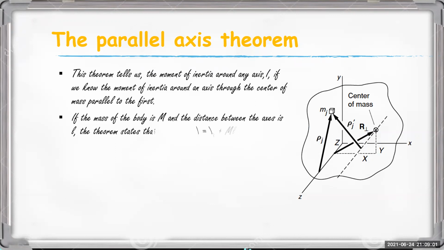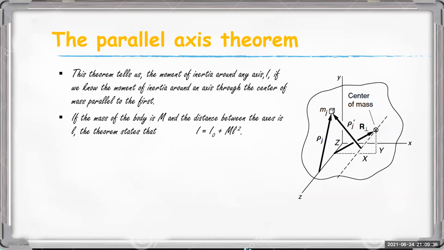If the mass of the body is m and the distance between the axes is L, then the theorem states that the moment of inertia around any axis I must be equal to the moment of inertia around an axis through the center of mass plus m into L square, where L is the distance between the axes.